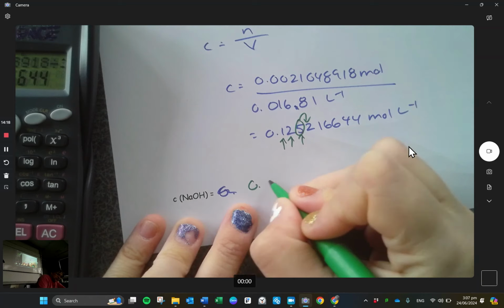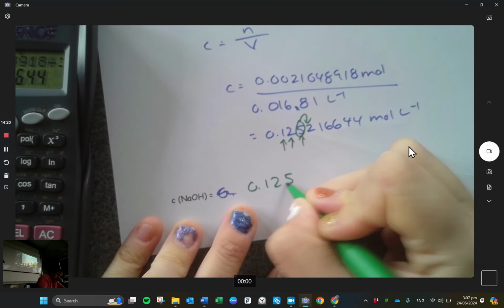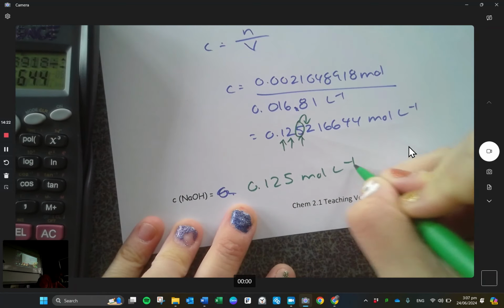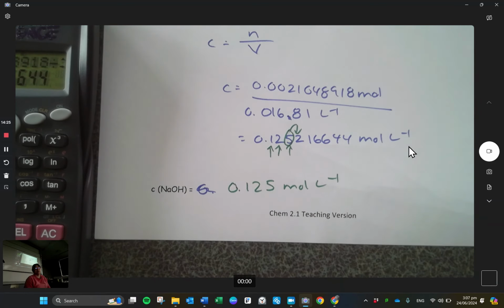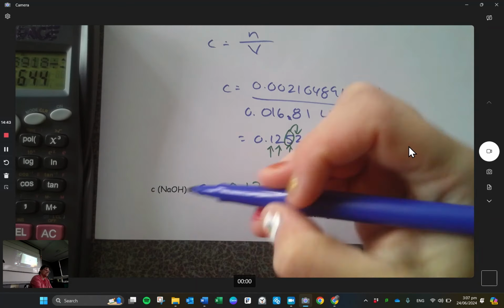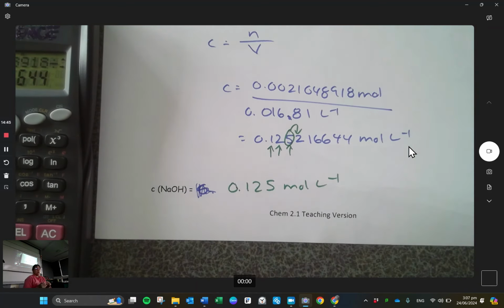The answer is 0.125 moles per liter. And that's what I've confirmed my concentration for the sodium hydroxide to be. And we were expecting it to be 0.1. So what that would mean is I would need to adjust the concentration of my sodium hydroxide. And that's why we double check. Questions, concerns, comments?